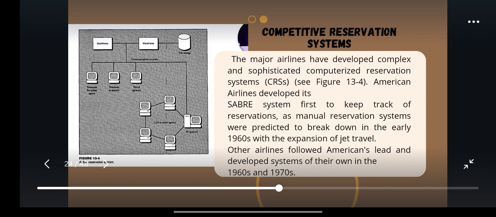American Airlines developed its Sabre system first to keep track of reservations, as manual reservation systems were predicted to break down in the early 1960s with the expansion of jet travel. Other airlines followed American's lead and developed systems of their own in the 1960s and 1970s.